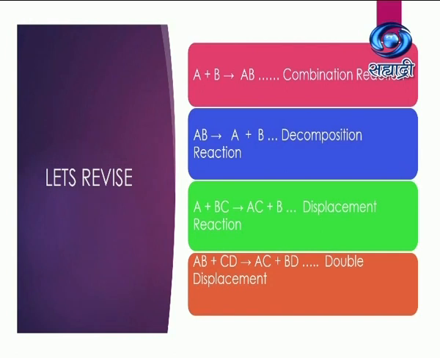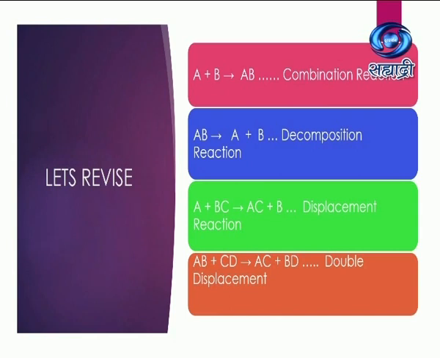We can just change the number of molecules taking part in the reaction. Then we studied the different types of chemical reactions: combination, decomposition, displacement, and double displacement reactions. In the next session, we will be studying more types of chemical reactions.